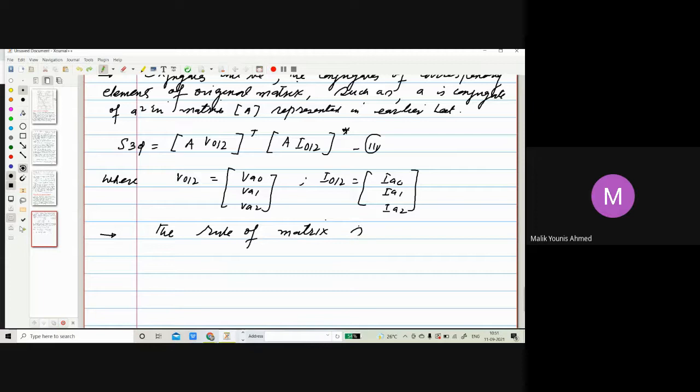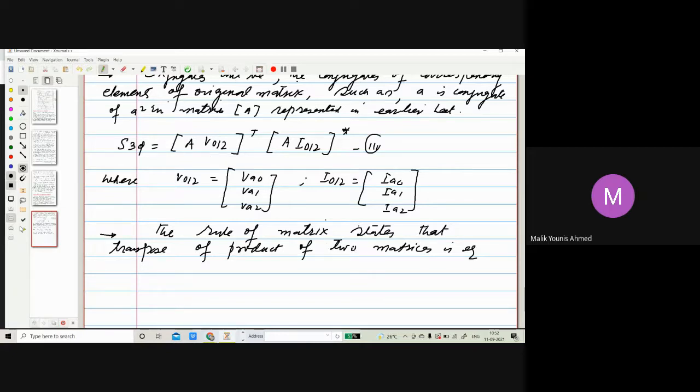So the rule of matrix states that the transpose of the product of two matrices is equal to what? See term number one here, where I'm pointing my cursor. This is a transpose, the total transpose, but it's a product of matrix A and the symmetrical components of the voltage.